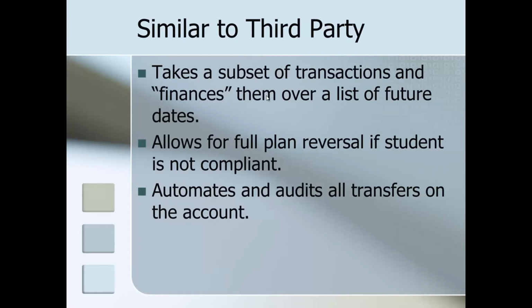And you can set up a plan that will take only those tuition charges and make them payable on certain days. You can obviously bring in other charges if you wanted to. You could make it tuition and fees. You could make it tuition, fees, and bookstore charges. You could make your bookstore charges only divide into 2 payments. It's a very flexible system to be able to basically finance out students' responsibilities to the student account.